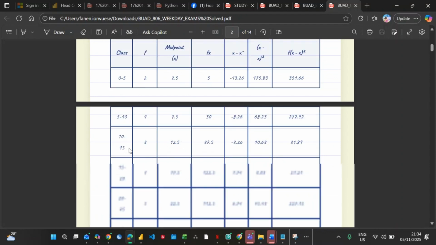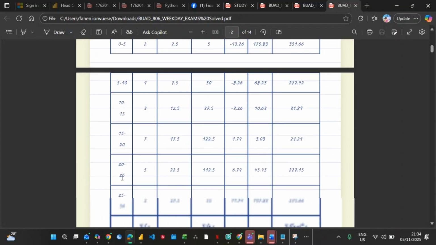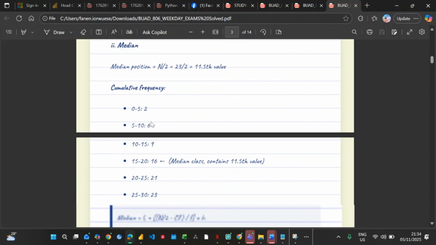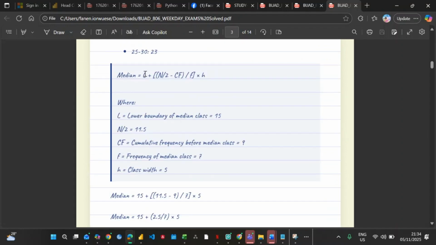The class width is the interval of all the classes. If you look at it, the interval is from 0 to 5, 5 to 10, 10 to 15, 15 to 20, 20 to 25, each of 5. So that is the interval.